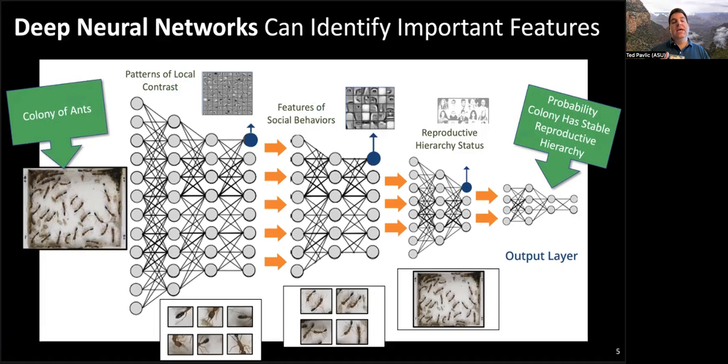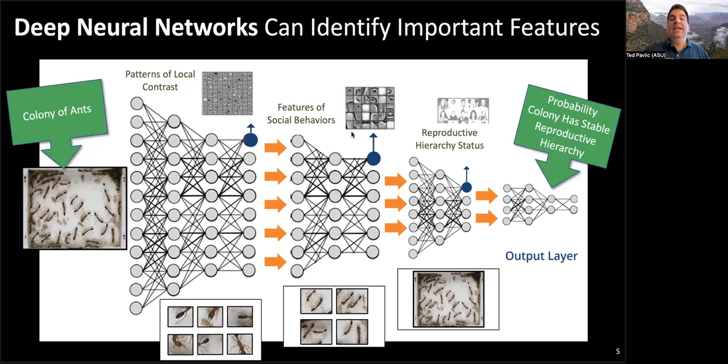And so the thought was, well, if we show videos of, say, a colony of ants, and we train it to, say, for example, figure out the probability that a short video segment is currently in a stable reproductive hierarchy, then in order for it to do that task, it's automatically going to find features of interest from that raw video data. So it will find, again, patterns of local contrast.